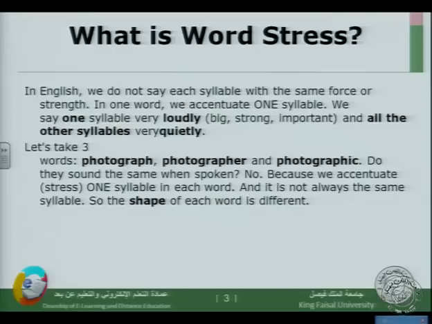Let's take, for example, the three words photograph, photographer, and photographic. Okay? Do they sound the same when spoken? No. Because we accentuate or stress one syllable in each word. Photograph. So we stress the first syllable usually.